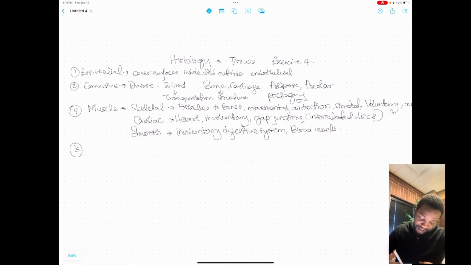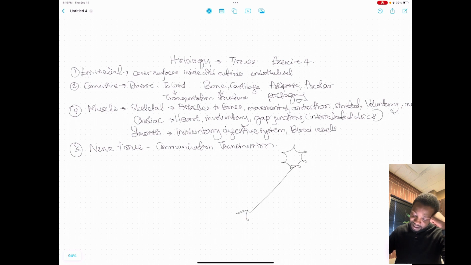Then finally we have nervous or nerve tissue. Nerve tissue is important for transmission and communication. Okay, and if you remember, this is what a neuron looks like. It looks something like this.